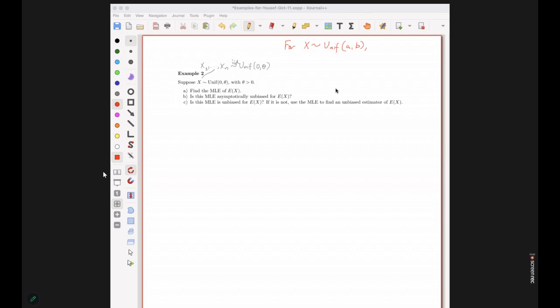So are you familiar with density functions in general? Do you know what a density function is or how it's used?